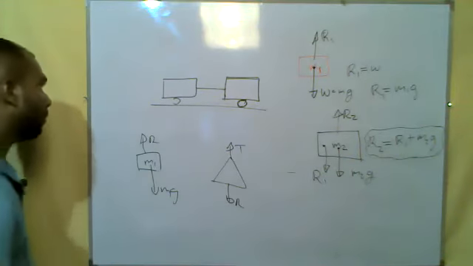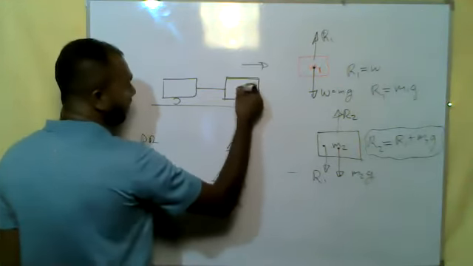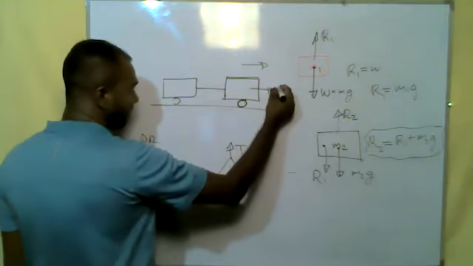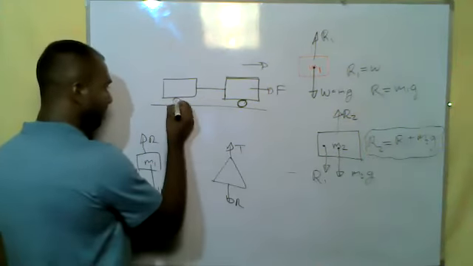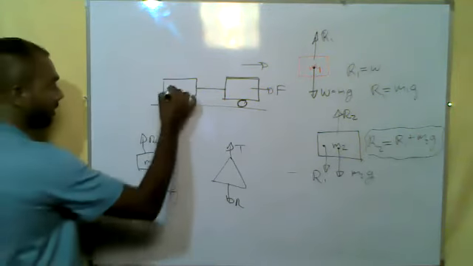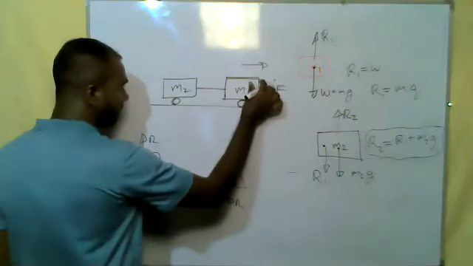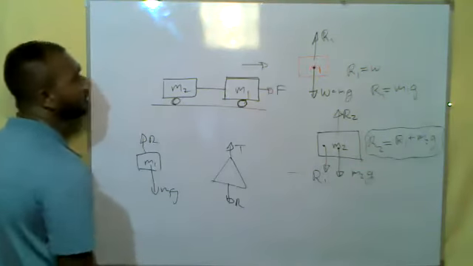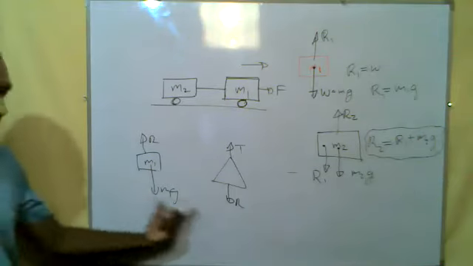Then how will the forces be acting upon this one? This is moving in this direction, and the force of the engine, you take it as F. Now think separately for this. This has a mass of m2, this has a mass of m1. Now try to figure out in your mind what will be the forces acting upon these.